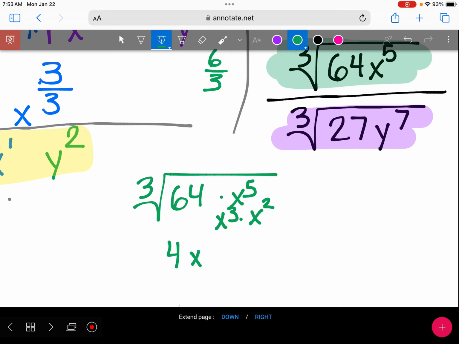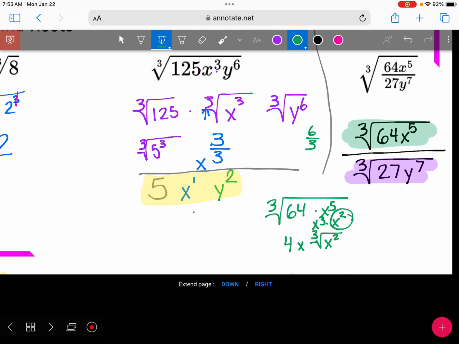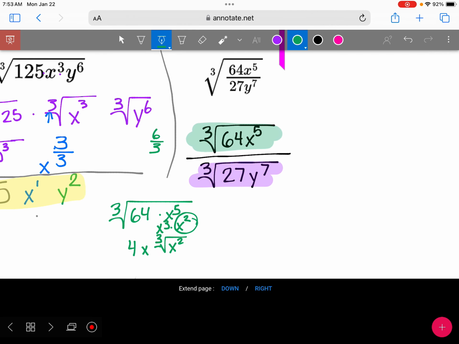So we're going to have x, but I have a leftover cube root of x squared because I can only take out groups of 3. I cannot take out this group of 2. So my numerator simplifies down to be 4x cube root of x squared.